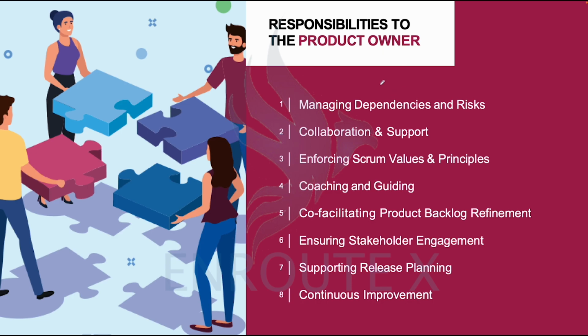So that's one of the things the Scrum Master does for the product owner. Other things is collaboration and support. The Scrum Master is there to support the product owner all through the way in anything being done, including facilitation of those meetings, ensuring that the product owner has more knowledge agile wise.